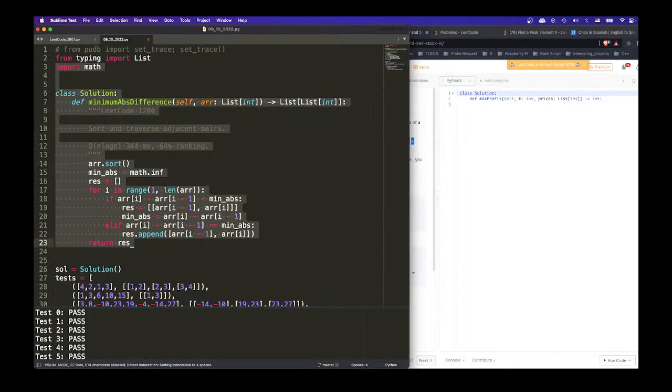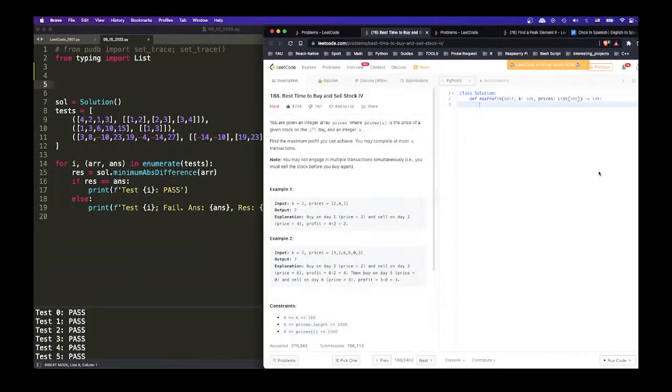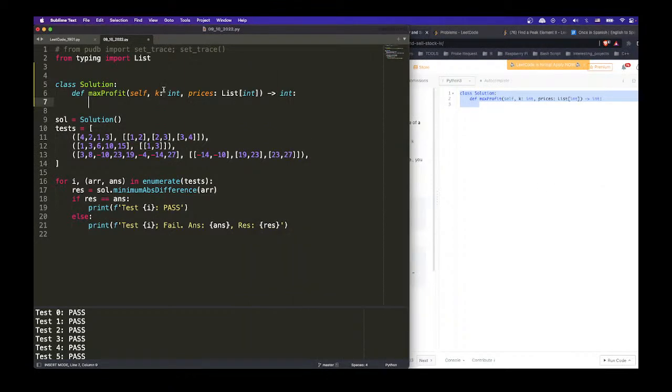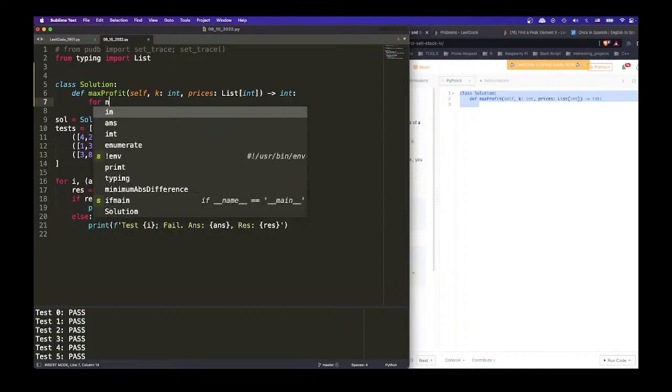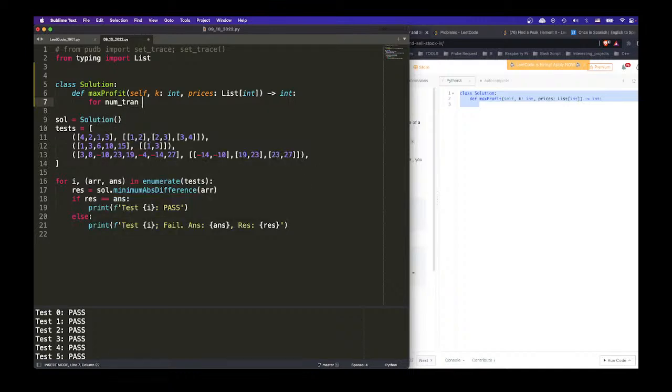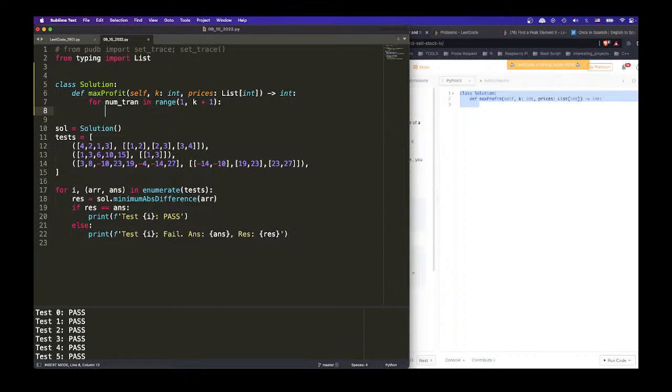So this is the max profit. Okay, so what we're gonna do is we have to go through k times. For num transactions in range, not enumerate, 1 to k plus 1, that's the number of transactions we can do.